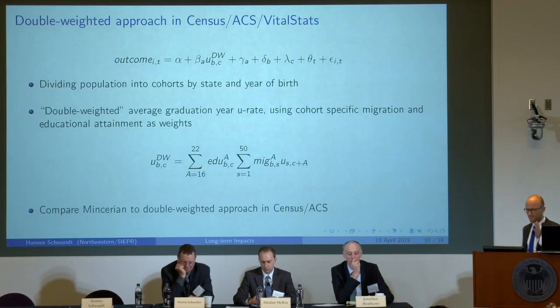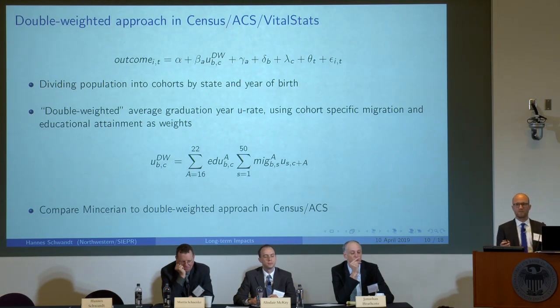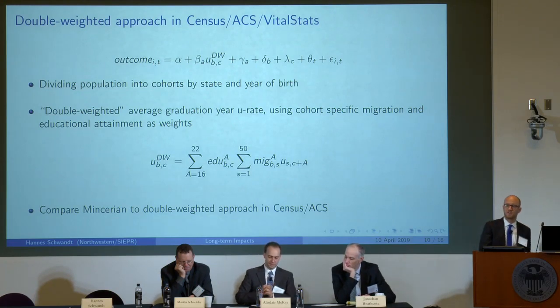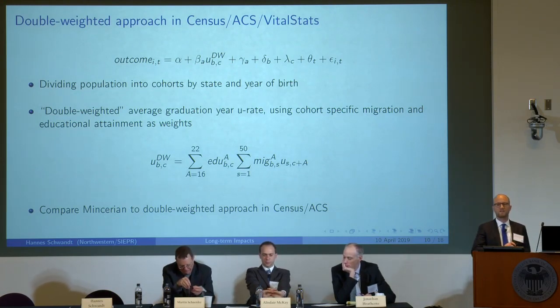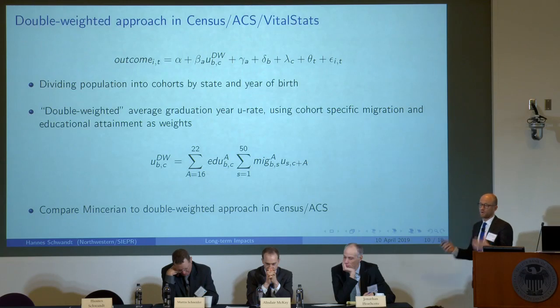So let's say if we have one particular birth cohort in Minnesota where a lot of people migrate to Wisconsin, we won't use that information, but we just use the average migration rates from Minnesota to Wisconsin. And the same for the education. So we don't take one particular cohort's education attainment, but we estimate the average or the predicted education attainment based on the state fixed effects and cohort fixed effects.